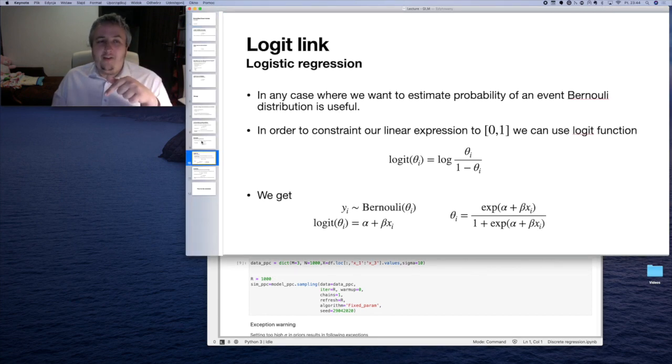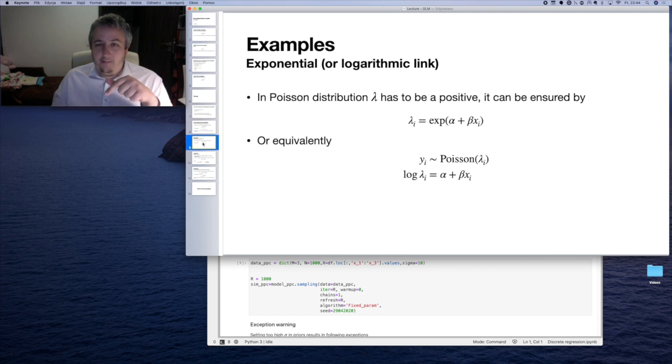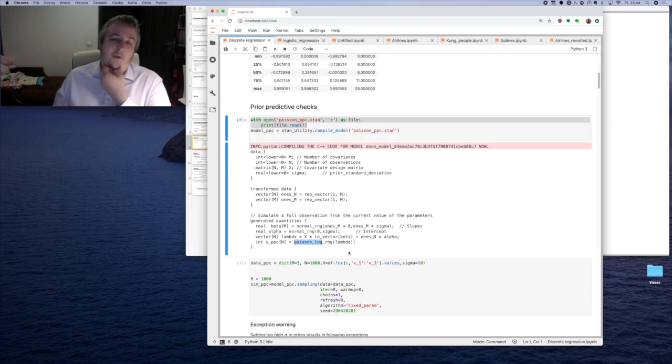So instead of sampling it like here with determining the exponential of alpha plus beta xi and put it into a Poisson distribution, we're using the Poisson log function, so the Poisson with the log link. And we will be using the RNG, which needs to be supplied a vector, and using that vector will provide us with a table of simulated values.